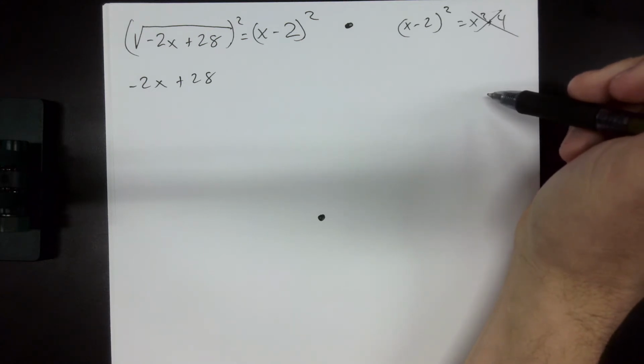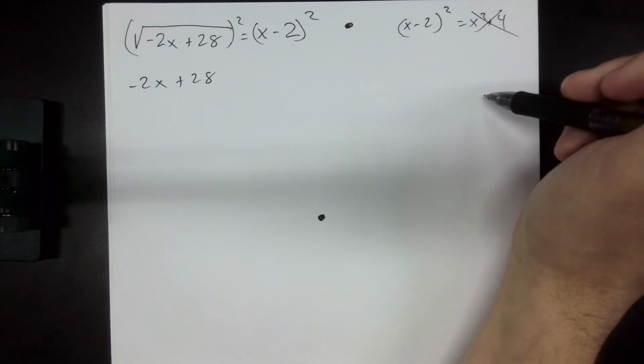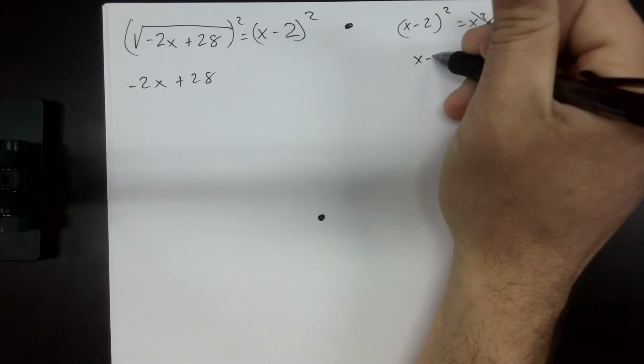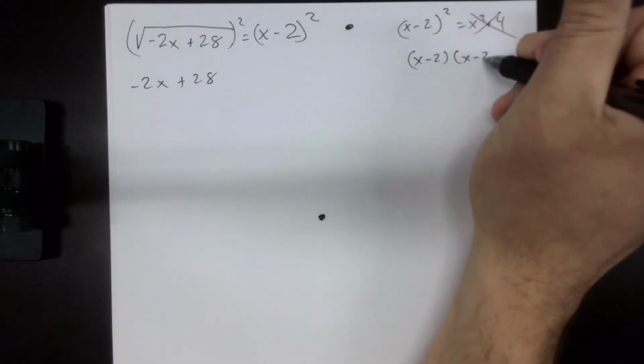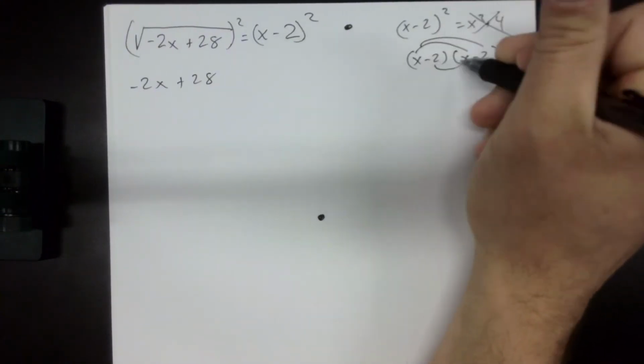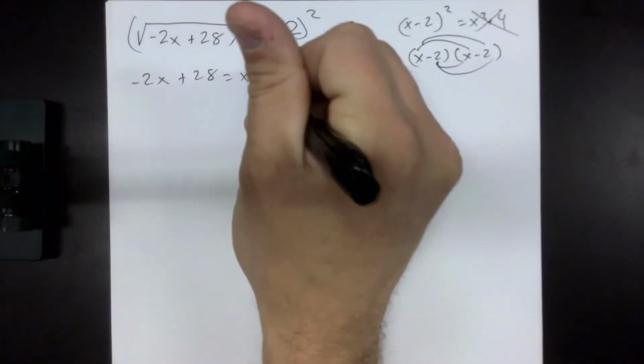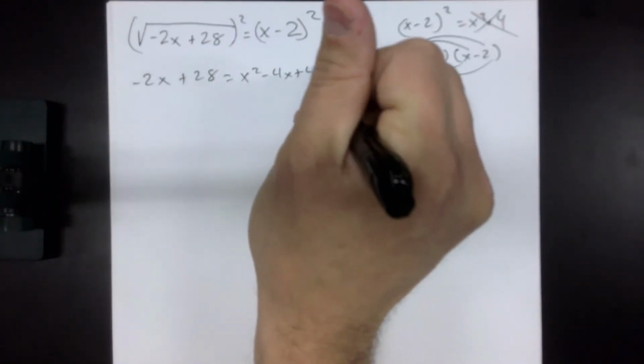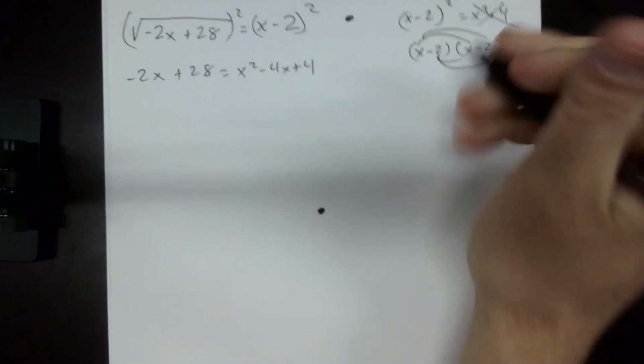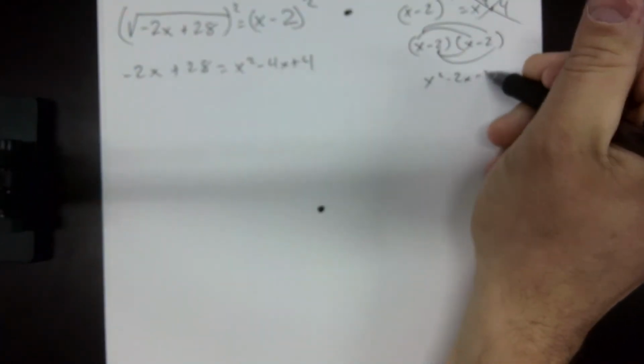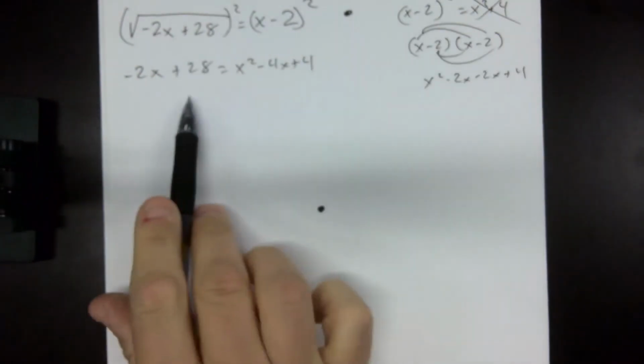What are we doing? Foiling. x minus 2 times x minus 2. We have to FOIL it to get x squared minus 4x plus 4 after we combine the middle terms: x squared minus 2x minus 2x plus 4, which combines to there.